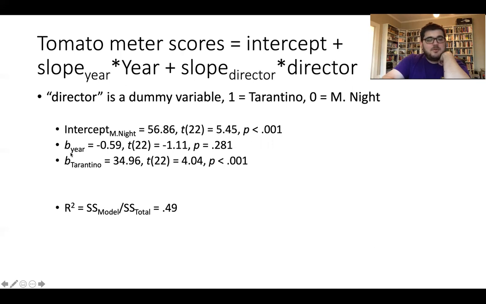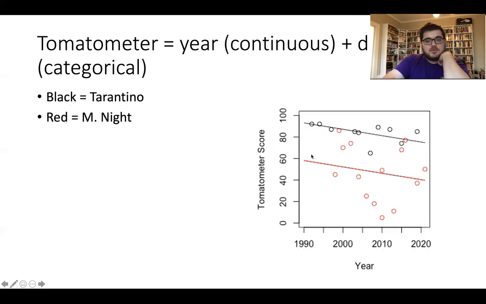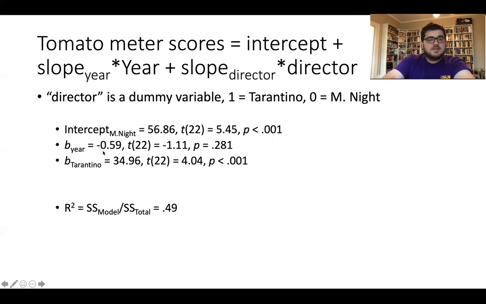And then our coefficient for year represents the negative slope for both lines. See, this line is going downward. If the slope was 0, then it would just be flat. The tomato meter scores would not be changing at all as the years go by. So it is negative, but our statistical test says p is not less than 0.05.